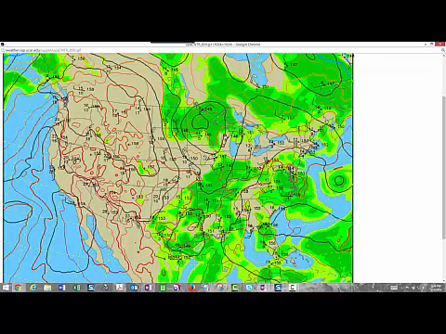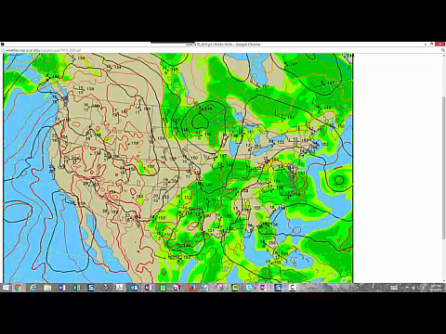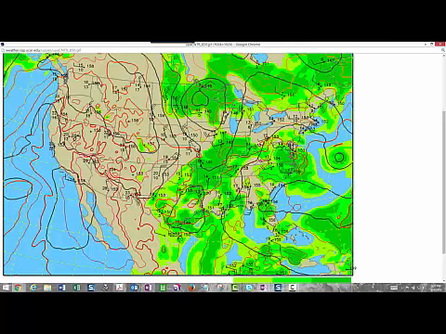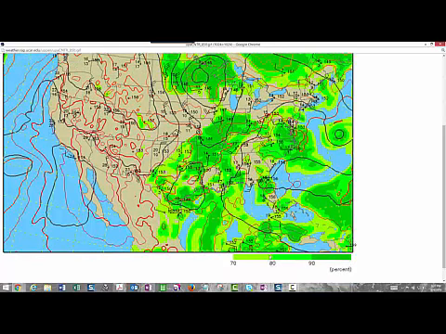So you not only look at the still shot, the stagnant shot, but you look at the winds to see how things are moving. Let's look to the south. We see large areas of 80 to 90% and some 90 to 100% down here. Notice the winds are out of the south and southwest here.